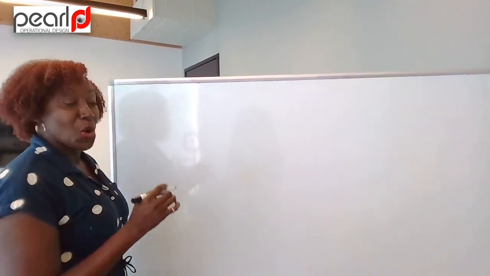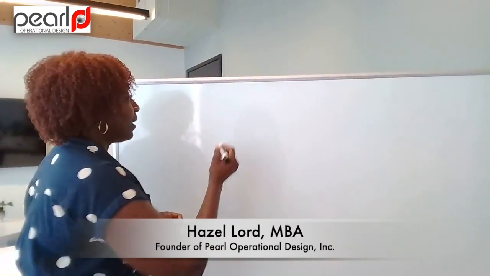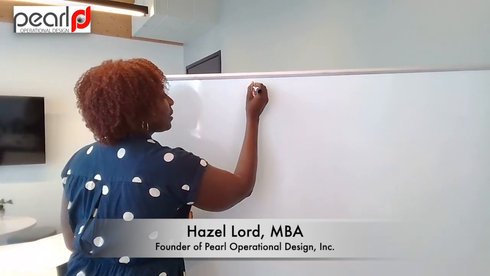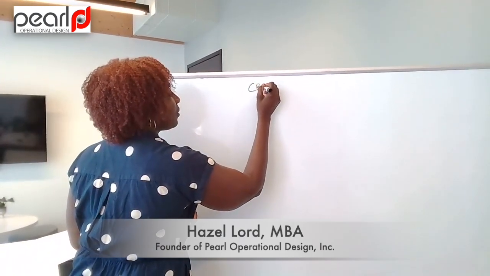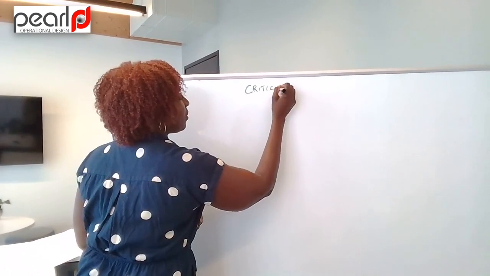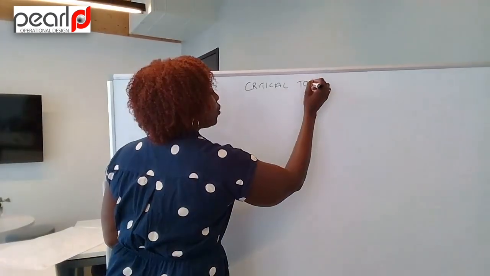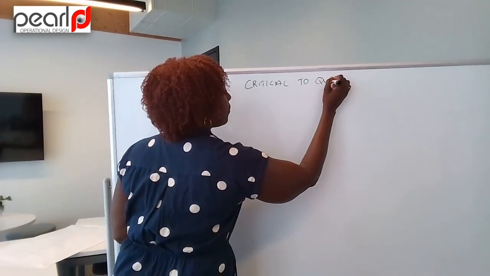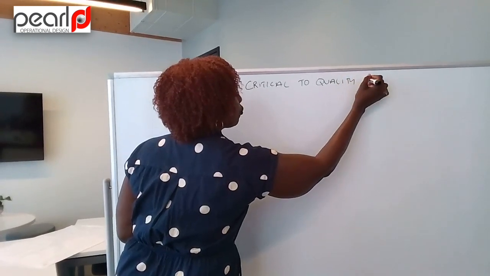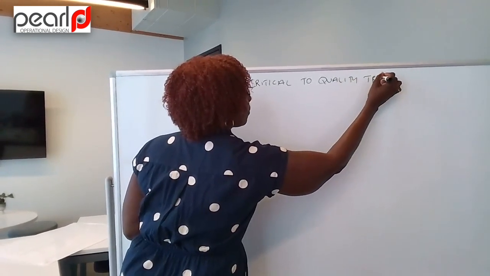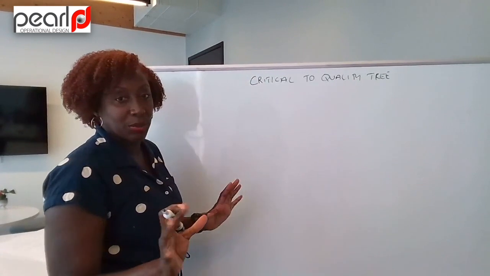Okay, so we're going to talk about a tool. We learned this in Lean Six Sigma, and it's called a critical to quality tree. You can look it up, it's everywhere.